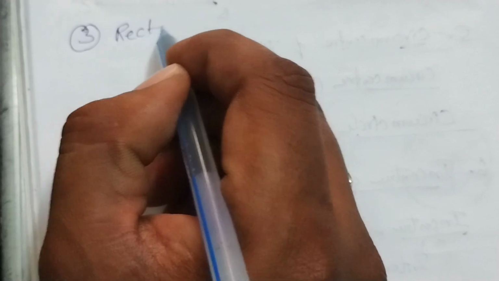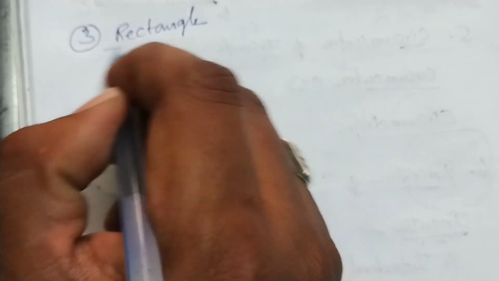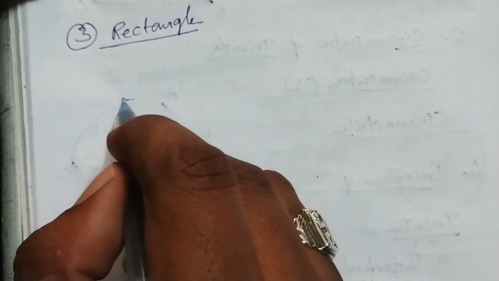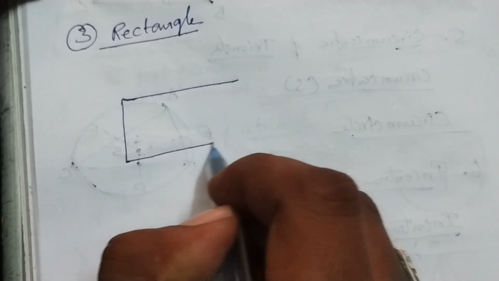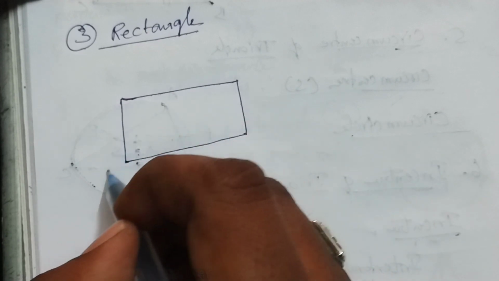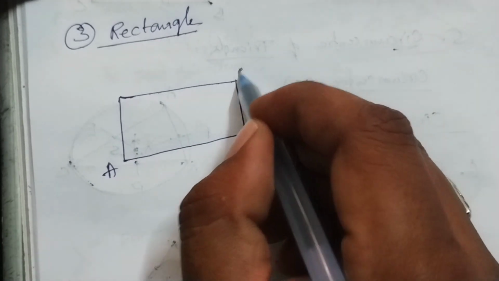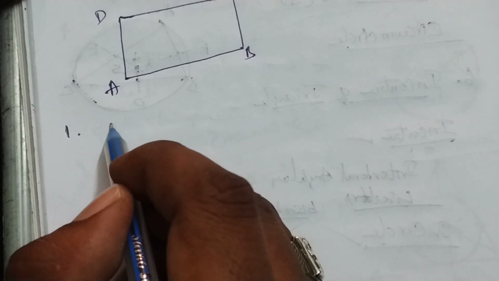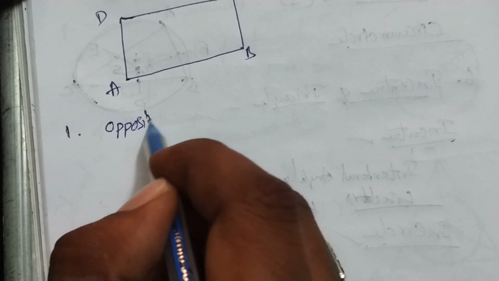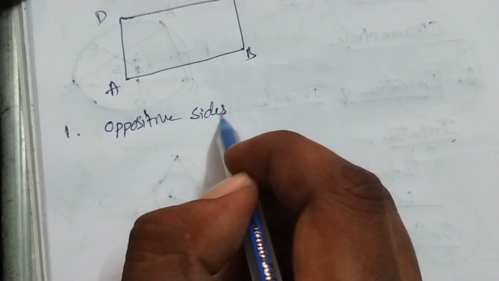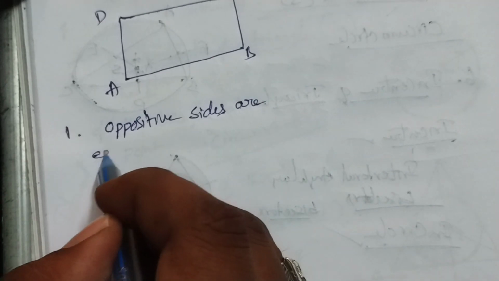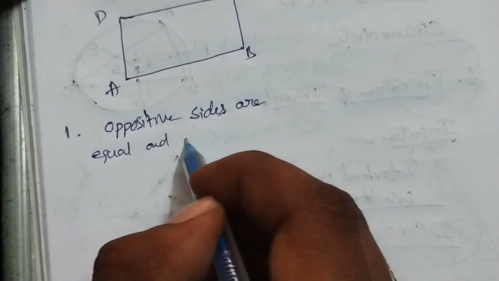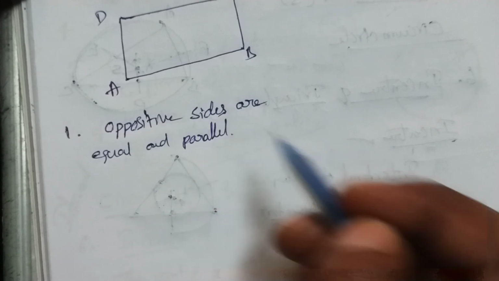Next, third one, rectangle. We know this rectangle. A rectangle is one of the types of quadrilateral, having four sides: A, B, C, D. About the sides, opposite sides are equal and parallel.